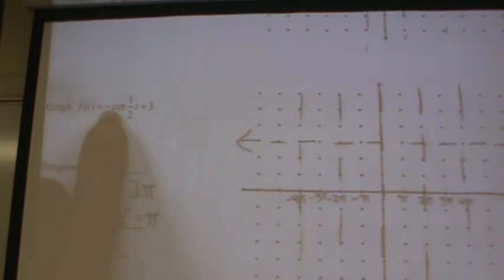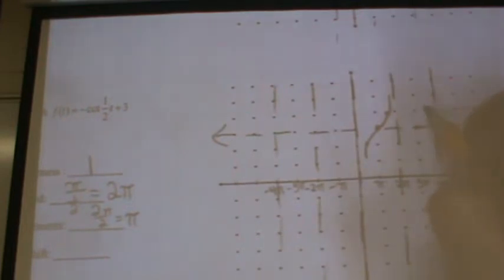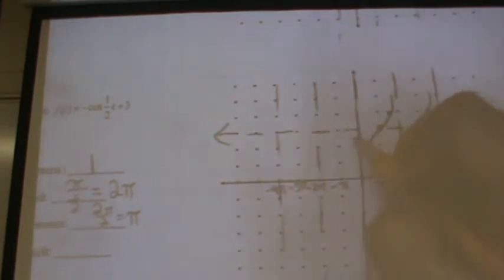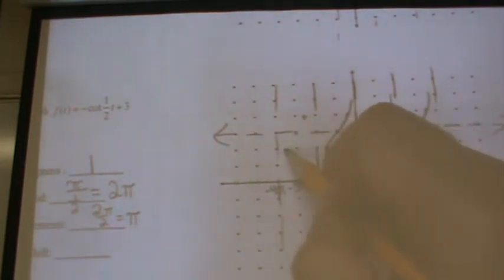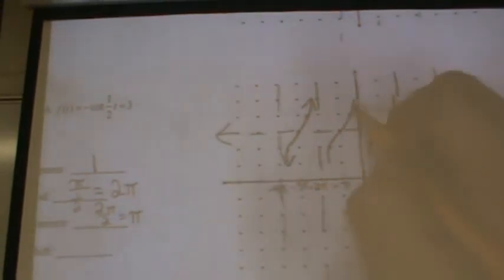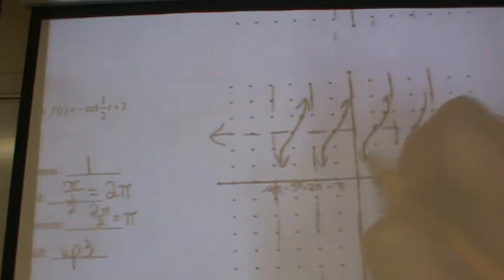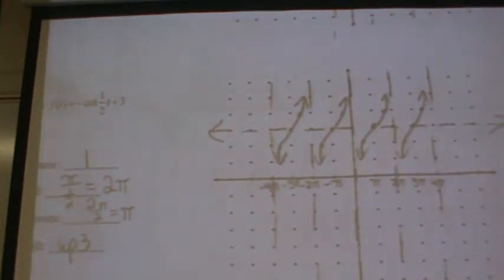And now, it's a negative cotangent. If it were a regular cotangent, it'd be going this way, but what does a negative cotangent look like? Like a tangent, so it looks like this. That's 1 period, that's 2 periods, here's 3, I just did 4 for you. And by the way, this was up 3. Okay?